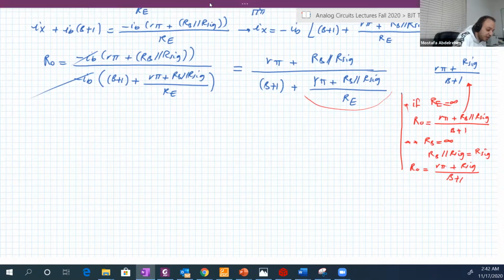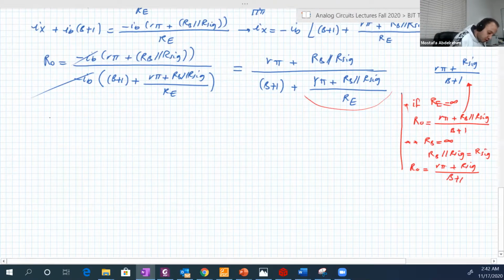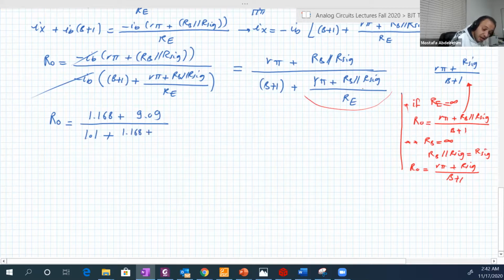So let's substitute and see. RO equals all that stuff here. So let's substitute for the numbers. R_pi is 1.168 kilo ohms plus RB parallel R_signal, 909 ohms, over beta plus 1, which is 101, plus R_pi again.